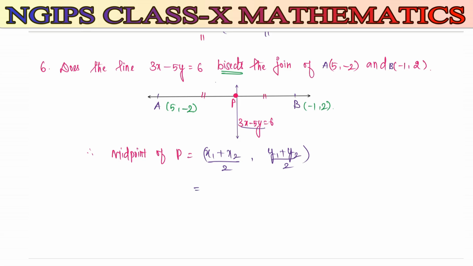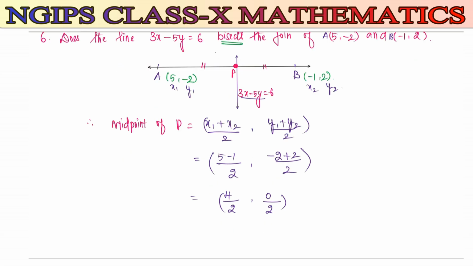I am substituting the values here. x1 value is 5, y1 value is minus 2, x2 is minus 1, y2 value is 2. So x1 plus x2 means (5 minus 1)/2, y1 plus y2, (minus 2 plus 2)/2. Further if we simplify this, we get 4/2 comma 0/2. 4 divided by 2 the value is 2, 0 by 2 is 0. So we got the point P is equal to (2, 0).